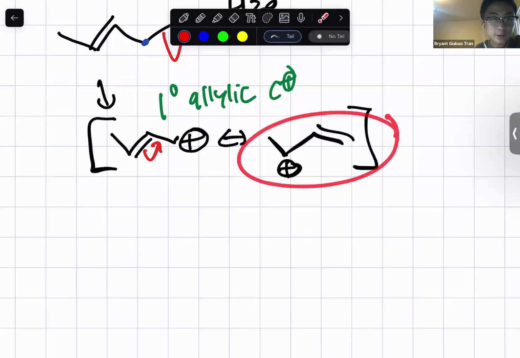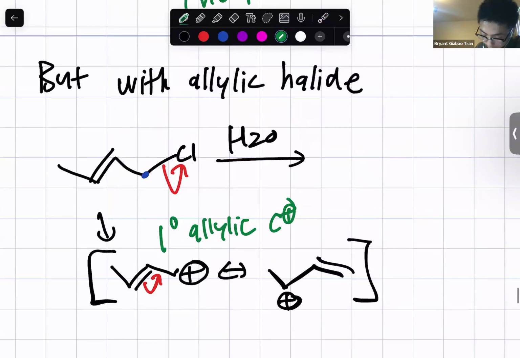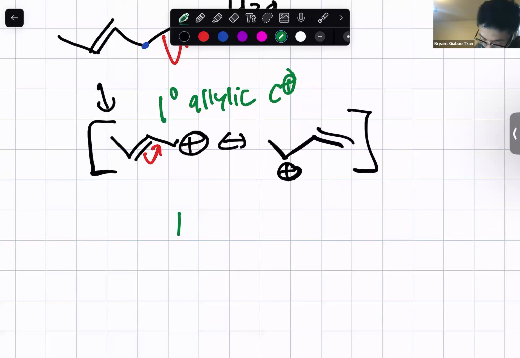This is the more stable intermediate here because it's secondary allylic, which is why this is going to give us the kinetic product. So let's say we bring in our water molecule, and it attacks that carbocation like that. Let's look at the purple arrow first.